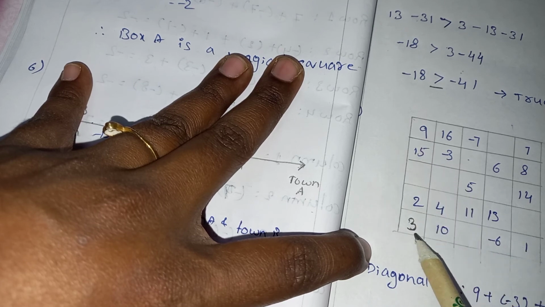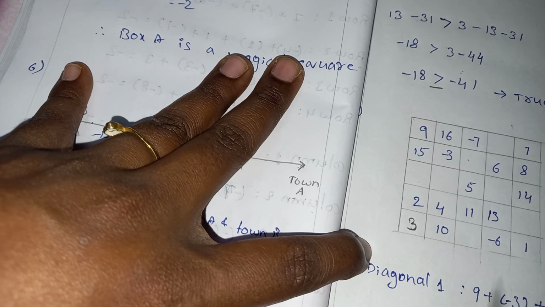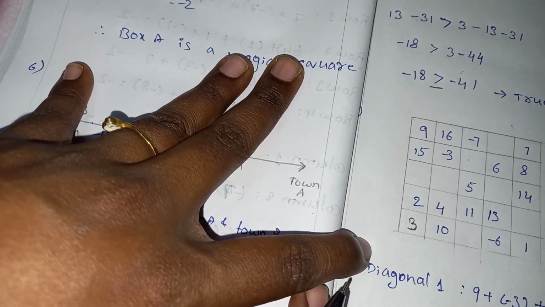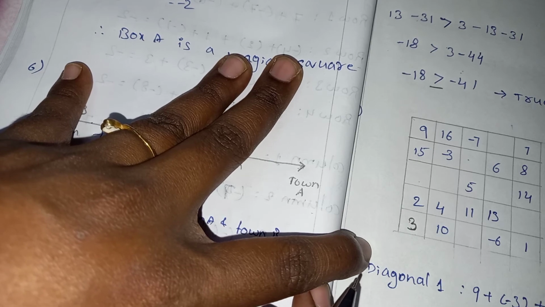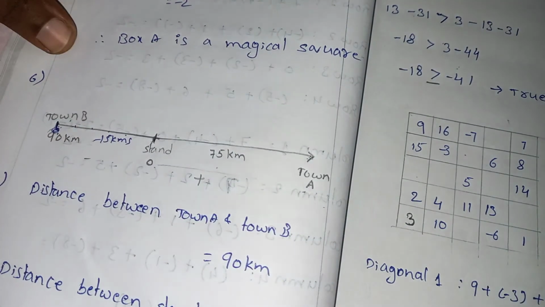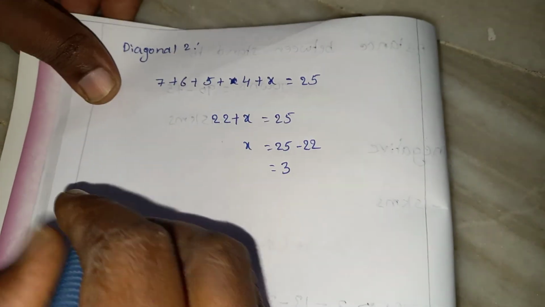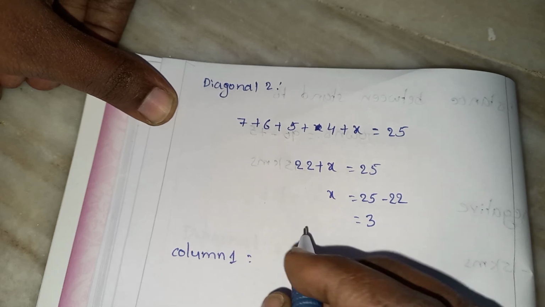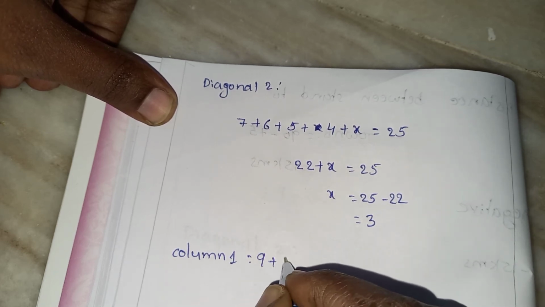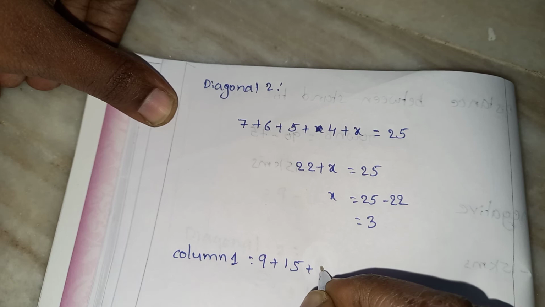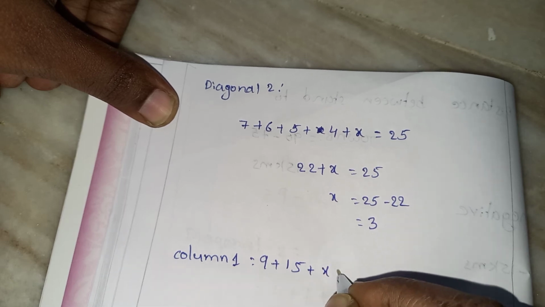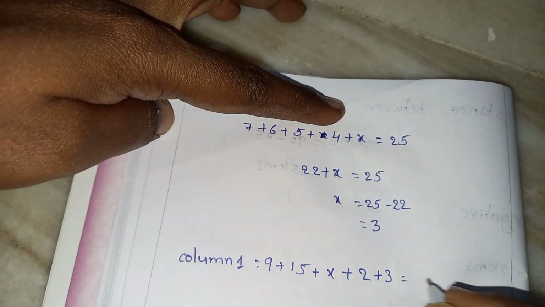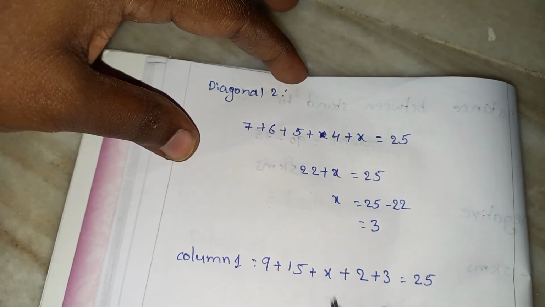So we got this number. Now let us add all these numbers and fill in the missing number. Shall we do row by row or column by column? Let us see the first column. Column 1: 9 plus 15 plus x plus 2 plus 3, which we got from the diagonal, equals 25.